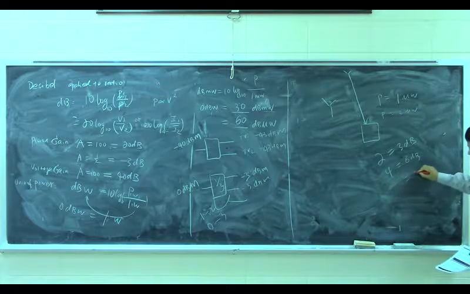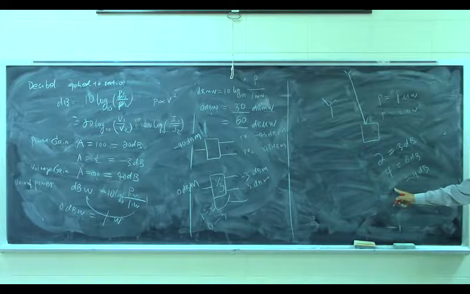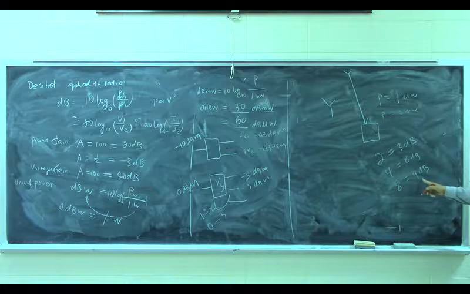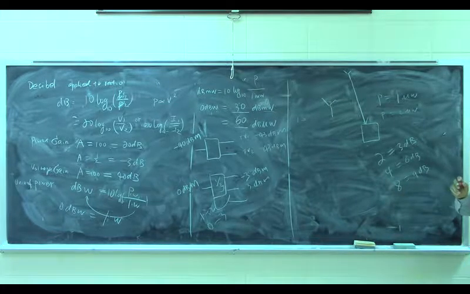How about 9 dB here? How many times? 8. Because you add another 3, that means you multiply by 2 again. The addition in dB is multiplication by 2.